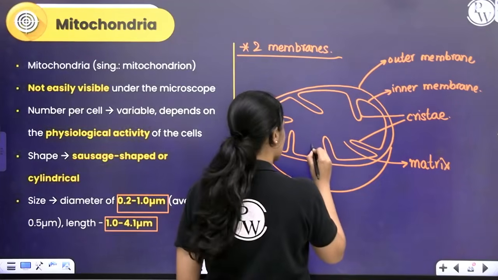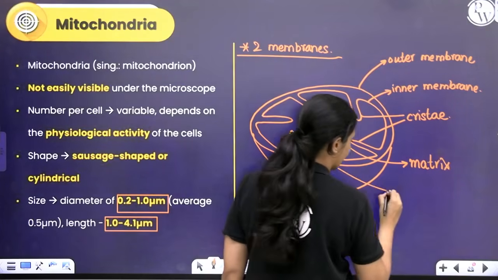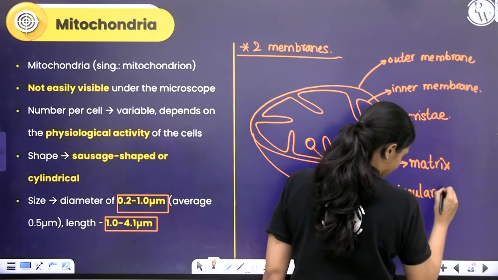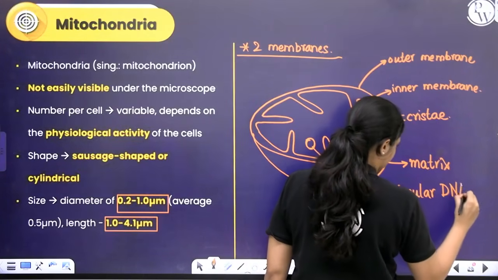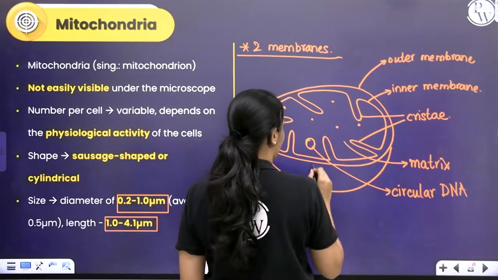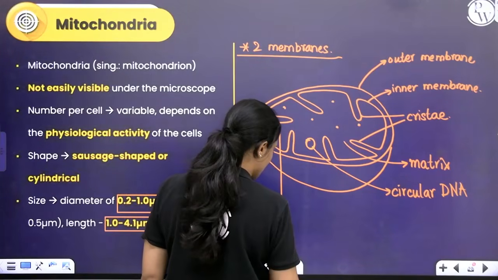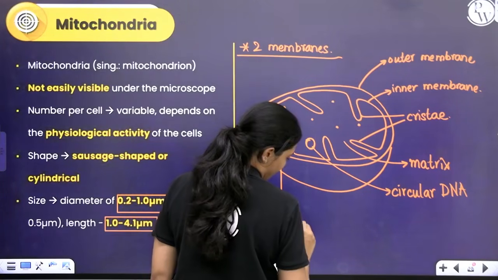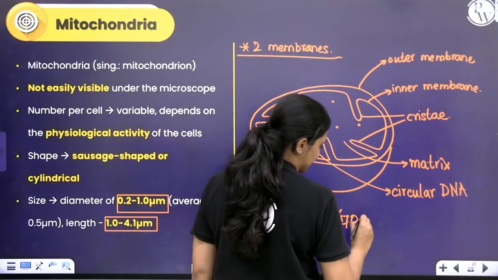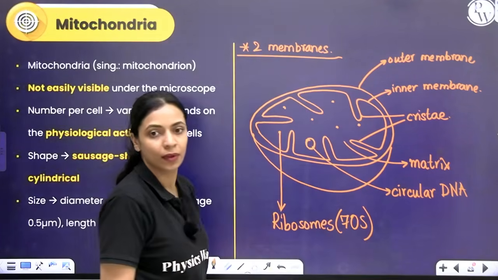Within the matrix, you may have small circular DNA. Within the matrix, you can also find ribosomes. But these ribosomes, unlike eukaryotic ribosomes, are of 70S type, similar to bacteria.